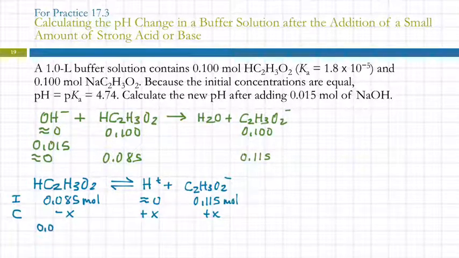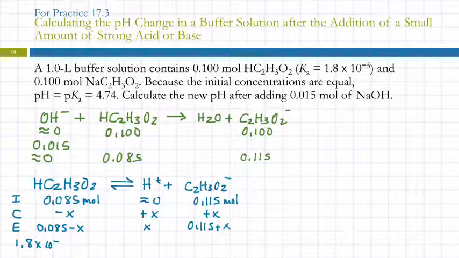So at equilibrium, 0.085 minus x, x, 0.115 plus x. So we have 1.8 times 10 to the minus 5 is going to equal these.